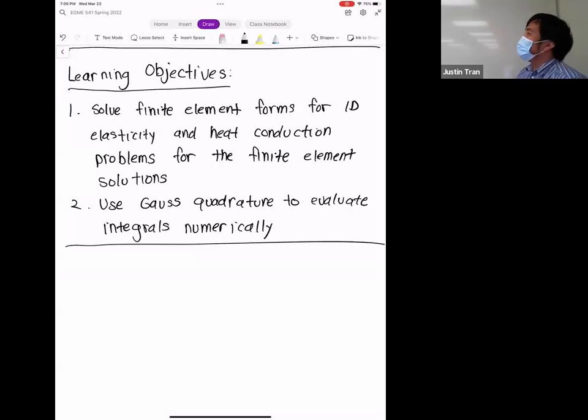Okay. And so today we're going to continue with our lecture notes on finite element methods, I mean, the whole class is about finite element methods, but finite element forms. Last time, we had a very math intensive class, and so today we're going to start with an example. Hopefully the example shows you how to apply everything that we learned last time.